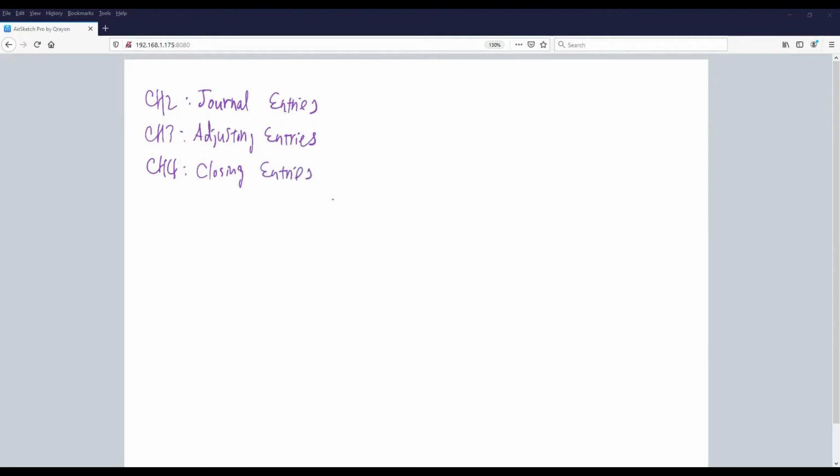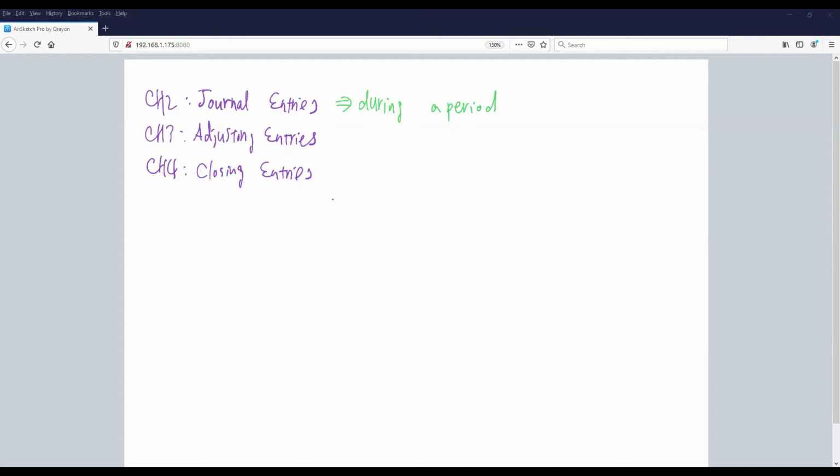And as you saw at the last class, chapter 1 was about journal entries, which are prepared during a period. It can be a month, it can be a quarter, it can be a year.